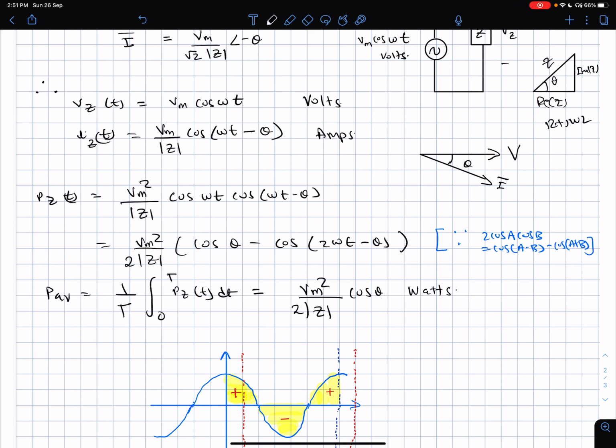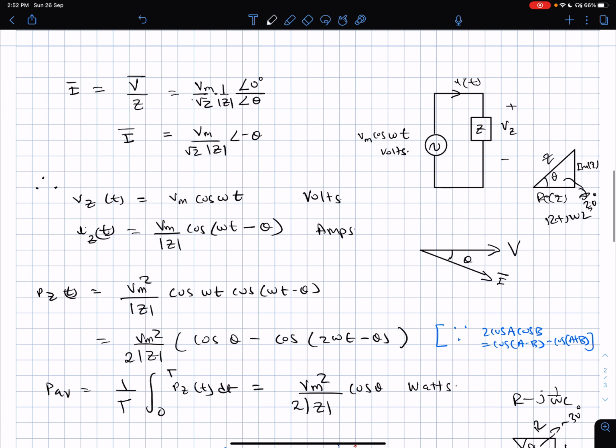And if you took it as R minus j 1 by omega C, an RC circuit for example, then theta would turn out to be negative. Theta could be like 30 degrees here, and in that case minus 30 degrees.